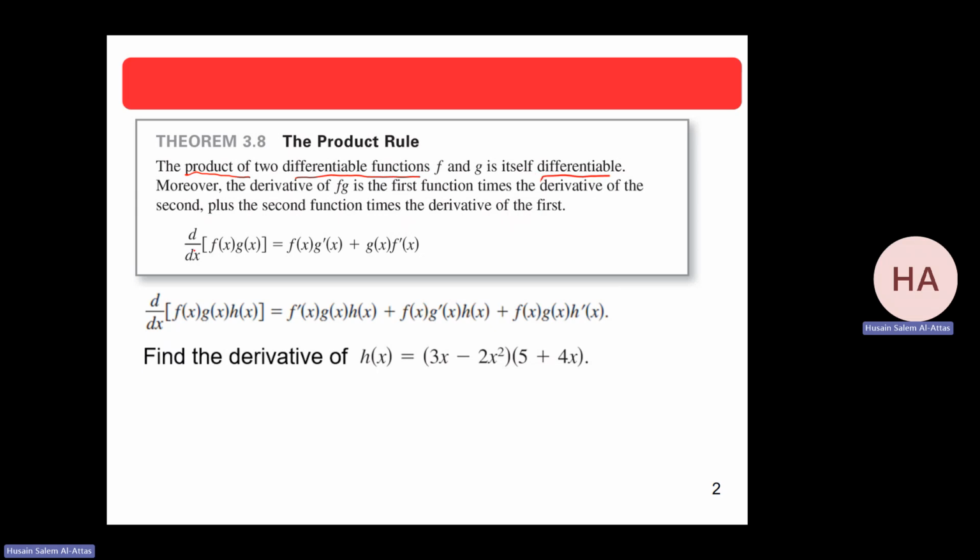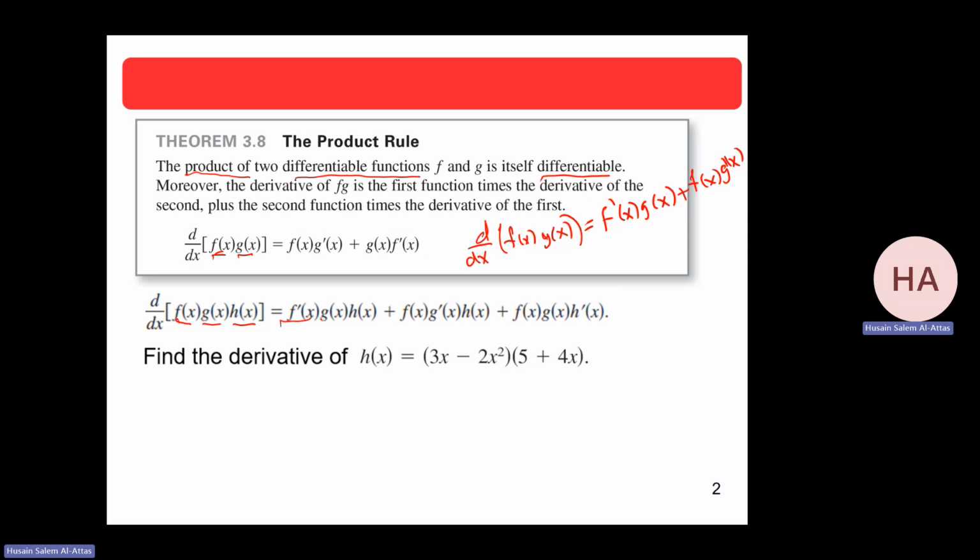Not only that, the derivative of f times g, I like to write it in this way: it will be f prime times g, first derivative of the first times the second, plus the first times derivative of the second.